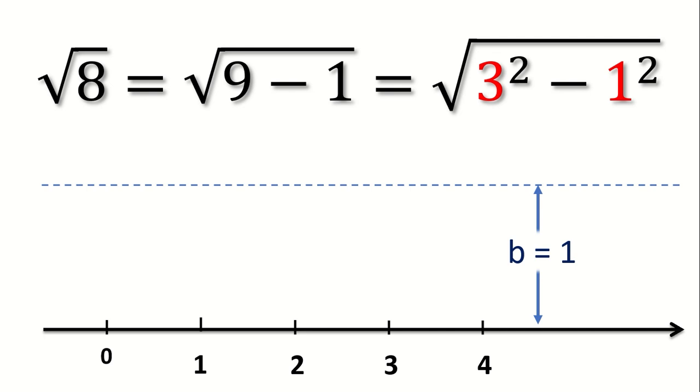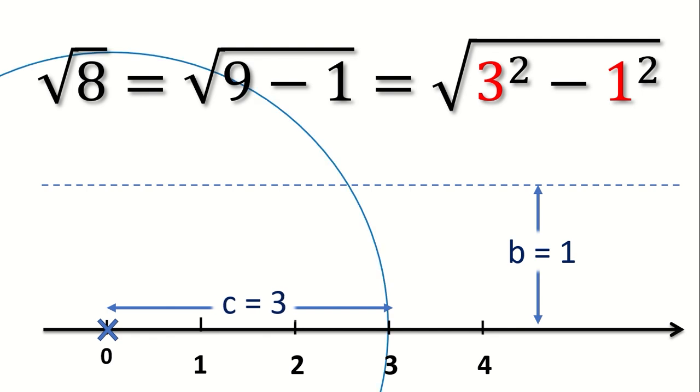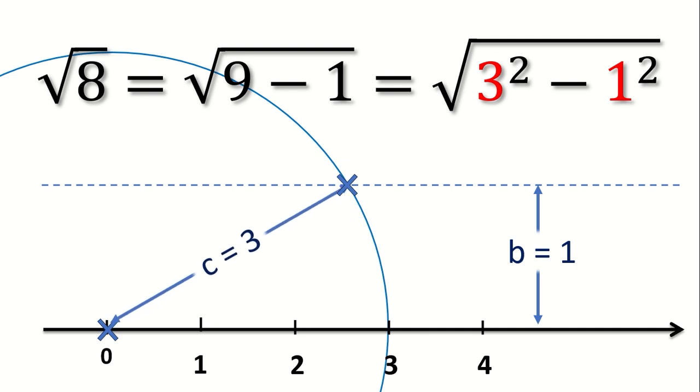circle with the center at origin or 0 and with the radius of 3. This gives the length in front of the right angle. So we can draw a circle with the radius of 3, and the side of the triangle which is in front of the right angle is obtained by this action.